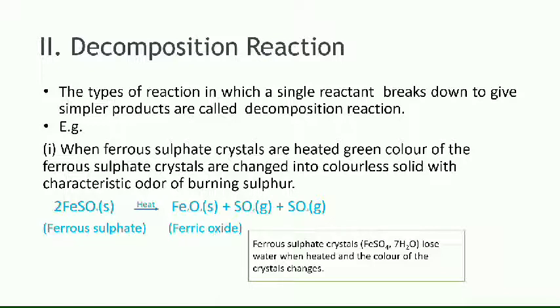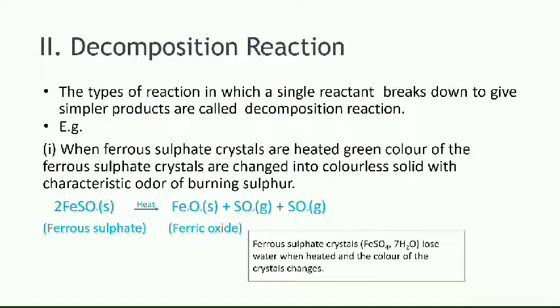When ferrous sulfate crystals, whose chemical formula is FeSO4, are heated. Basically this ferrous sulfate is present in hydrated form, that is FeSO4.7H2O. As you can see here, FeSO4.7H2O. These are green color crystals.